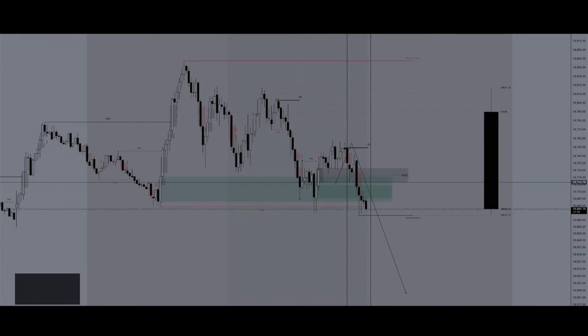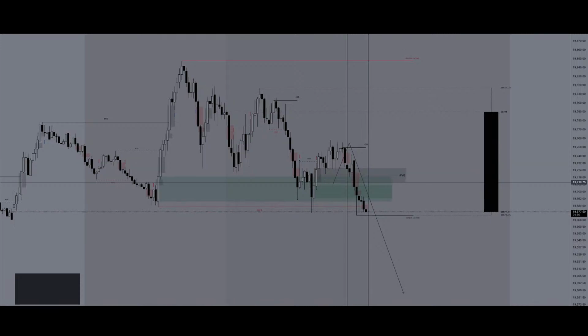Interesting. That would mean I would need another pullback, which we're not gonna get in 1 minute. The strategy may want to enter that low, but I wouldn't personally. But it doesn't matter what I would do personally, because I want to do what the strategy wants to do, because the strategy is profitable.